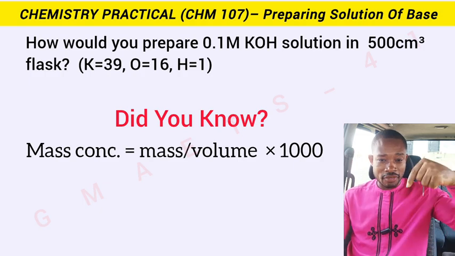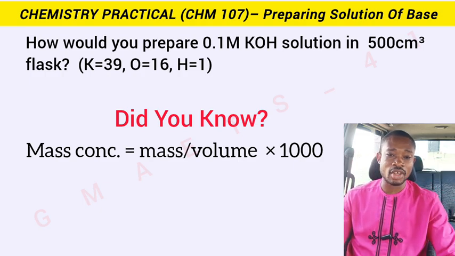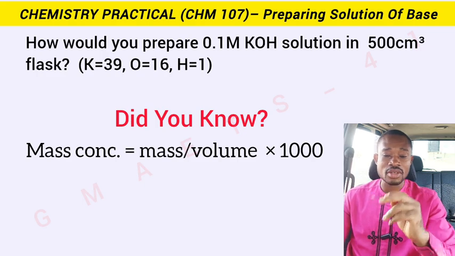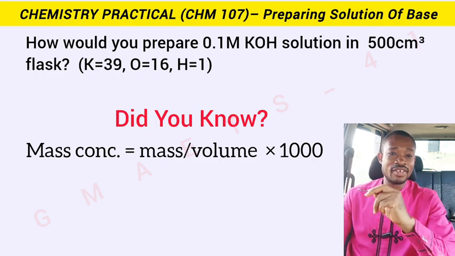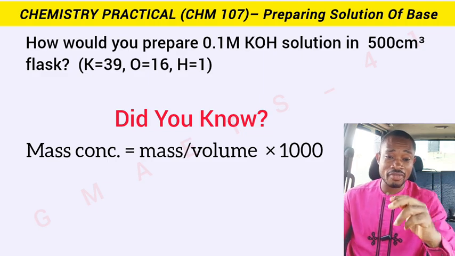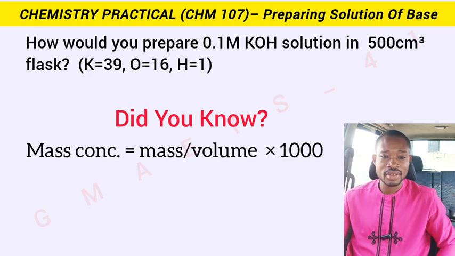The mass concentration of this particular base, from the information provided and what I have explained so far, is equal to the mass 2.8 divided by the volume of the flask 500, or we'll call it the volume of the solution. Are you following, right?